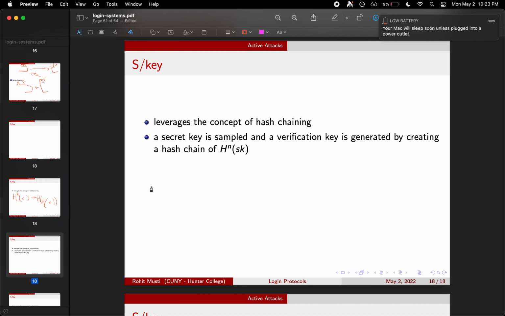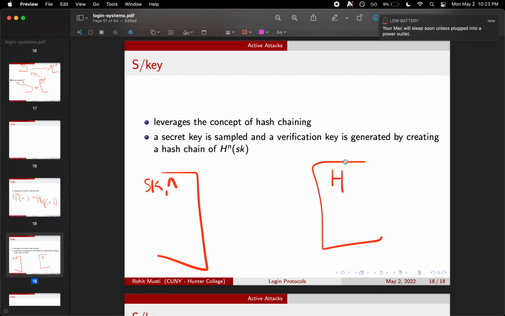The way this works is everyone knows n, and the verifier knows the hash of the secret key, h to the n of the secret key, up until the end.